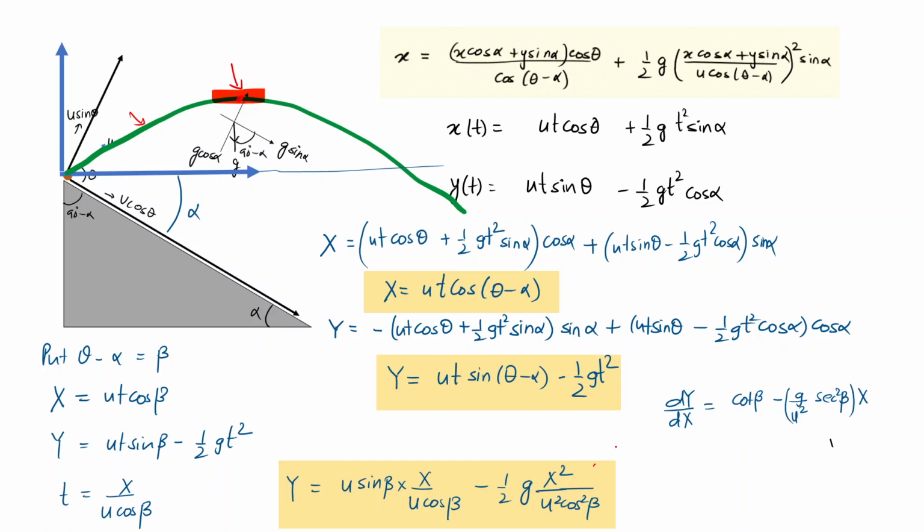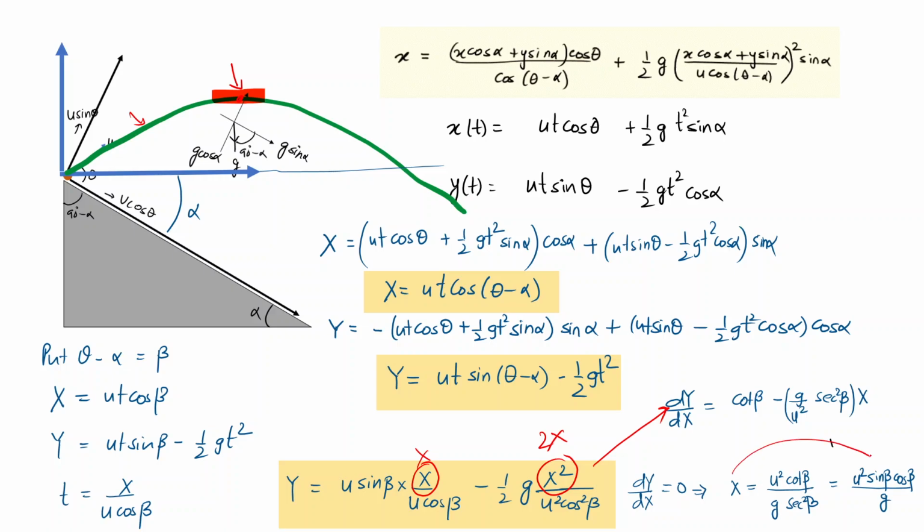So first we calculate dy by dx, and you can differentiate, and this x term will vanish, and this x square term will become 2x. So you will get this kind of dy by dx, put it equal to 0, and what you get is x equals u square sine beta cos beta by g. And if you multiply 2 above and below, you will get u square sine 2 beta by 2g, and this is half of the range which we normally use.